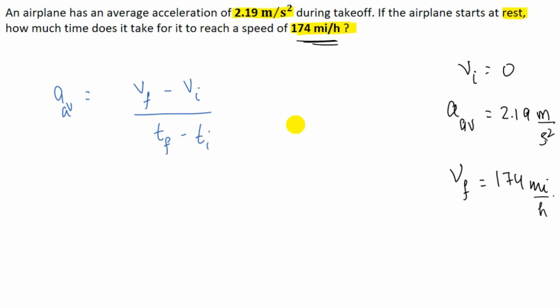Now initial time Ti is 0; initially we can take the time to be 0. Now the final velocity should be 174 miles per hour, so we can put it here.